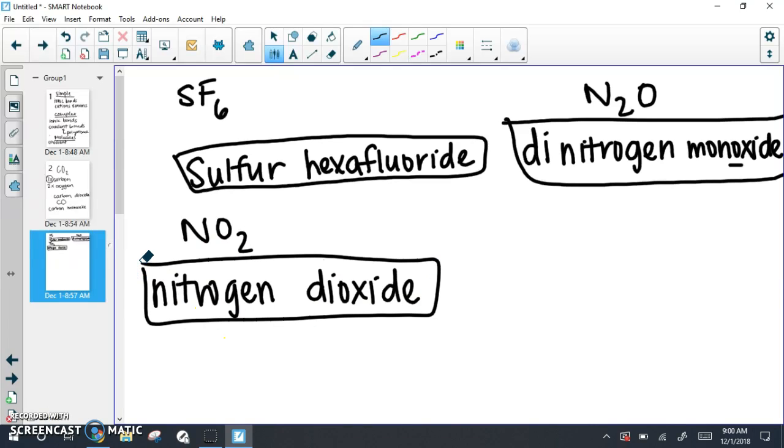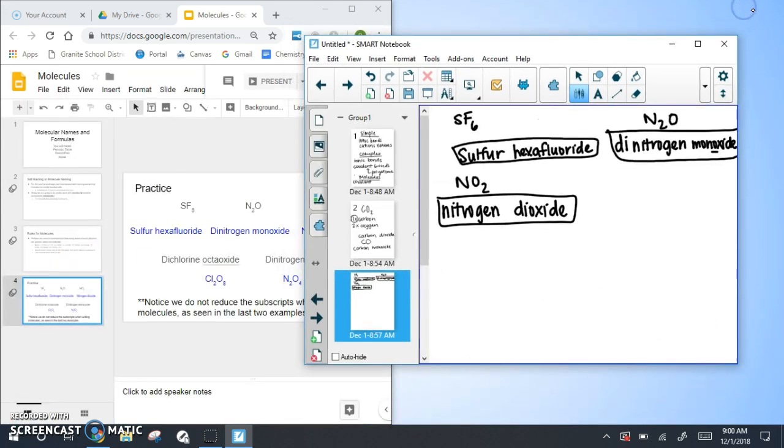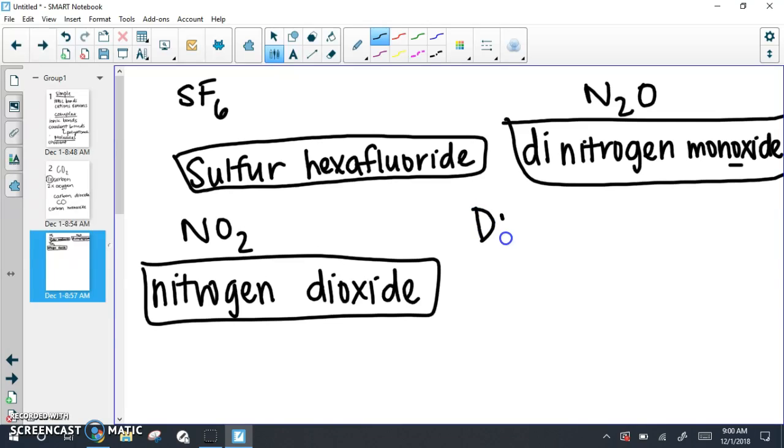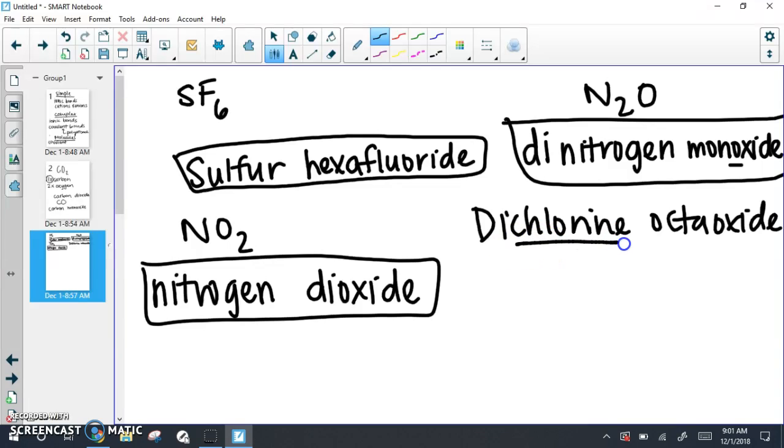Cool. Okay, let's do another one. Looks like our next one is dichlorine octaoxide. You guys have probably already solved this as I'm writing this out. But let's do it anyways. The element in this is chlorine. Chlorine on the periodic table is Cl. And how many are there?